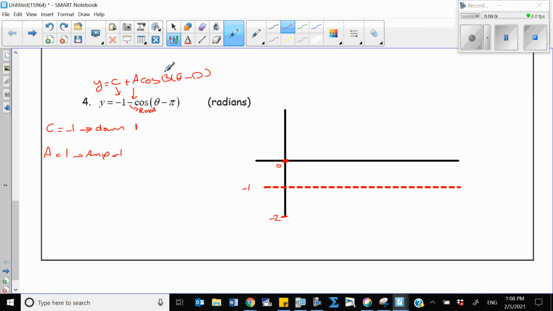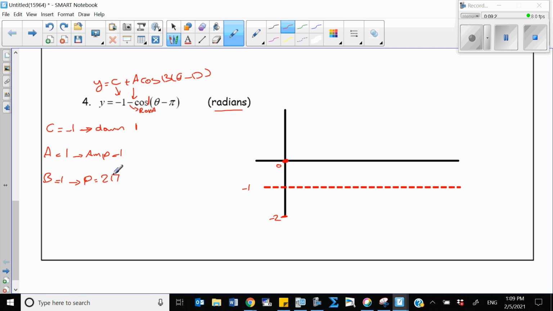Next, the b value. The b value here is 1, since there's no number there. That means the period of the function has not changed. The period is 2 pi, because we are working in radians.